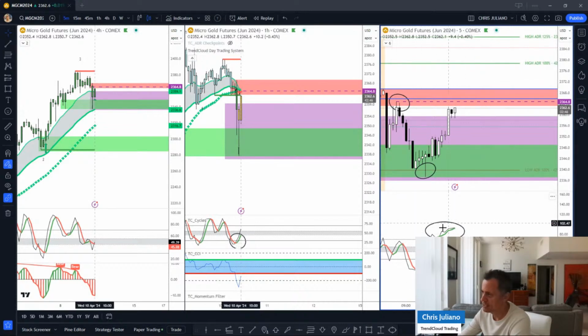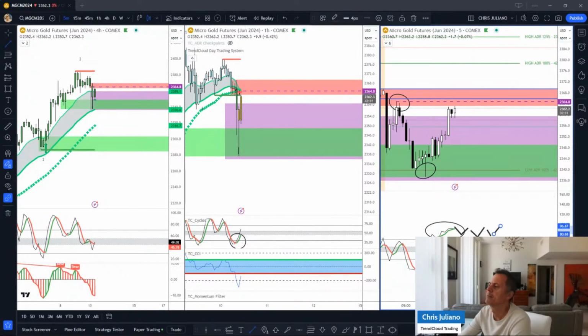The cycle indicator is a bounded indicator. If we get a strong move out, it's going to do something like this.